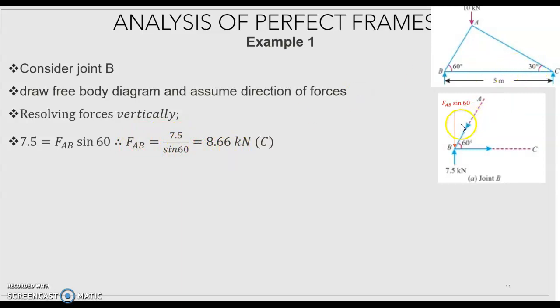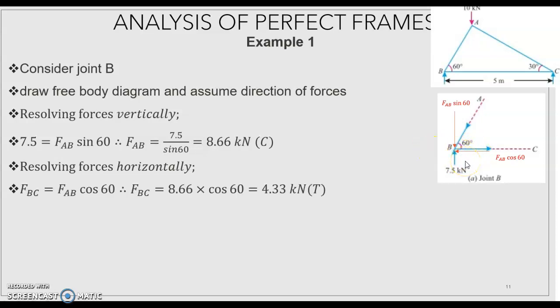And for the nature of the force in AB, we are assuming the direction of the force is towards the joint B. The arrow is showing towards the joint B, so it is compression. Then horizontally, here the horizontal forces are the BC force, which we are assuming in the rightward direction, and the horizontal component of AB, FAB cos 60, which is towards the leftward.